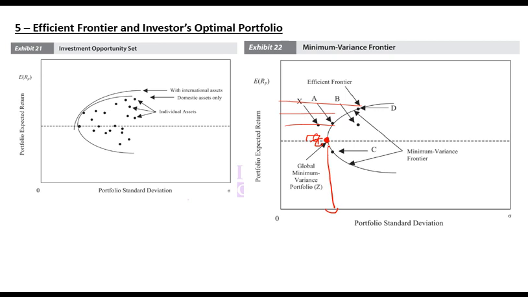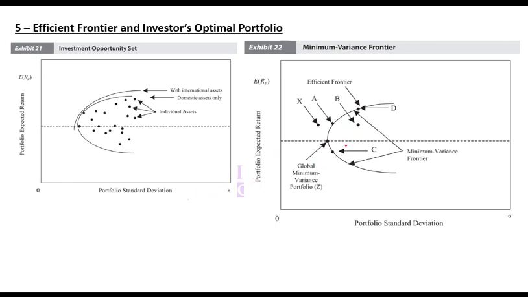It is the leftmost portfolio. This is known as the global minimum variance portfolio. So the portfolio at this turning point of the minimum variance frontier is known as the global minimum variance portfolio. That means it is the portfolio with the minimum variance. Any questions so far? Now next, this is all the minimum variance frontier.